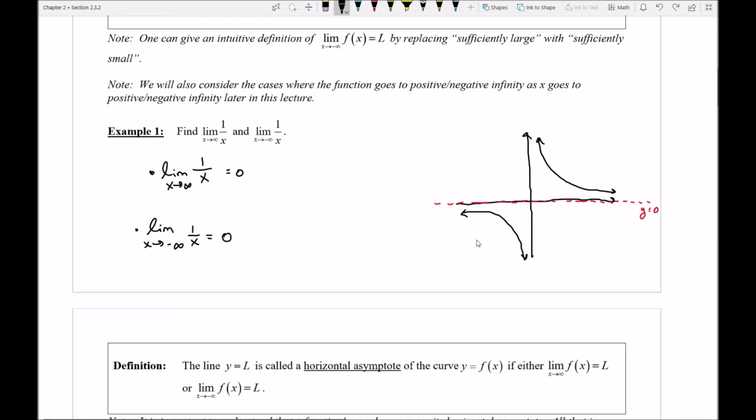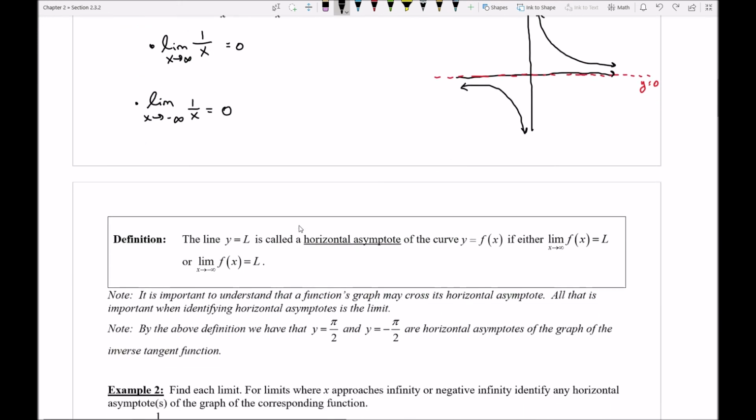It's possible, like in example 1, I might end up with just one single horizontal asymptote. Or it is possible that we end up with no horizontal asymptotes, and we know plenty of graphs that have no horizontal asymptotes at all. Consider even a simple function like y equals x squared. So horizontal asymptotes and limits as x approaches positive or negative infinity are really tied together in that calculating those limits helps us find those asymptotes.